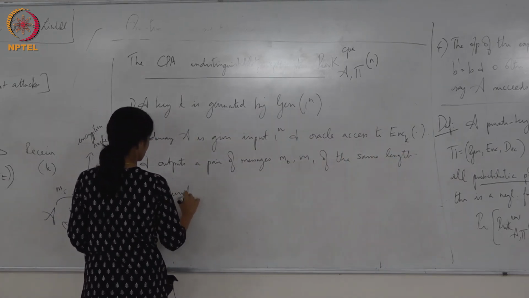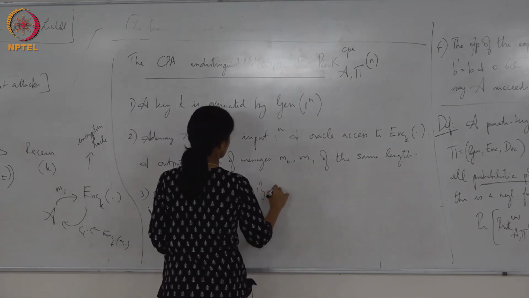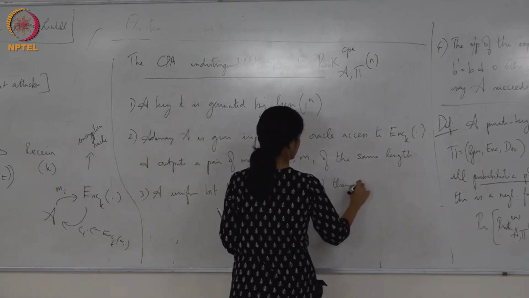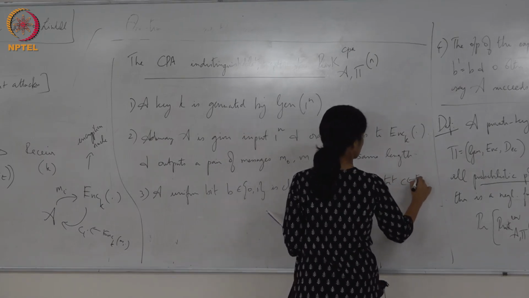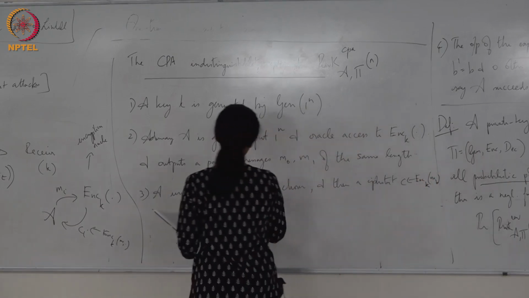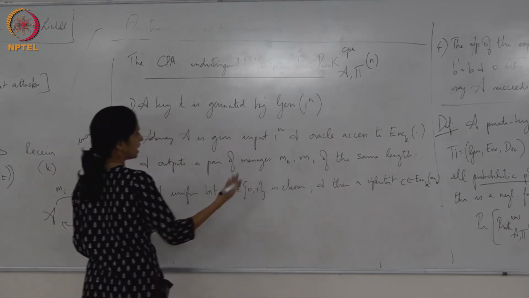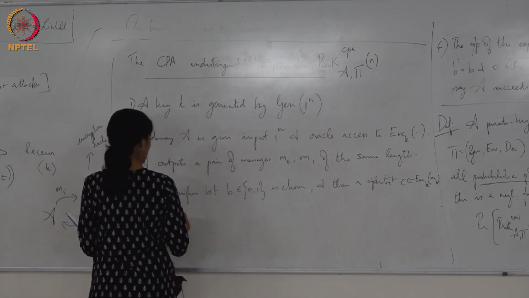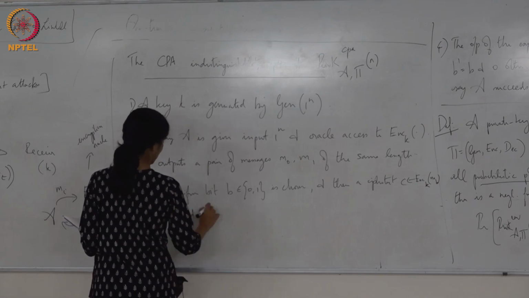Then a uniform bit B in {0, 1} is chosen, and then a ciphertext C is computed as the encryption of MB under key K. So this bit is similar to what we saw before, right? So uniform bit B is chosen and either M0 or M1 is encrypted according to whether B was 0 or 1. So this ciphertext is computed and given to A.